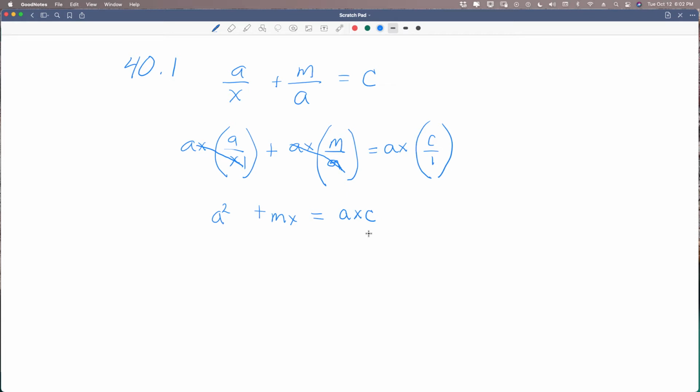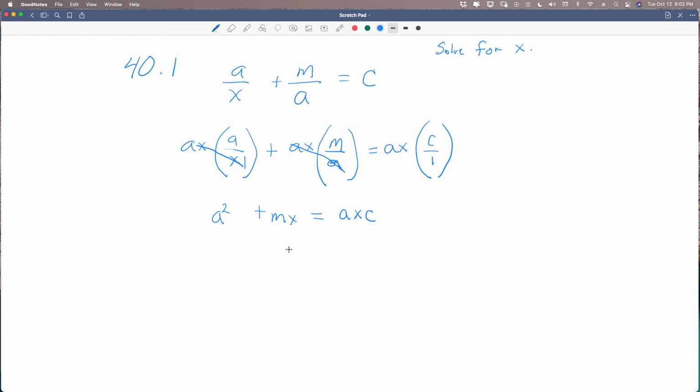Now, next, we move all terms that contain x to the same side of the equation. I forgot to mention at the very beginning that we were solving for x. So we've got to figure out what x equals. So we want all the x's on one side.